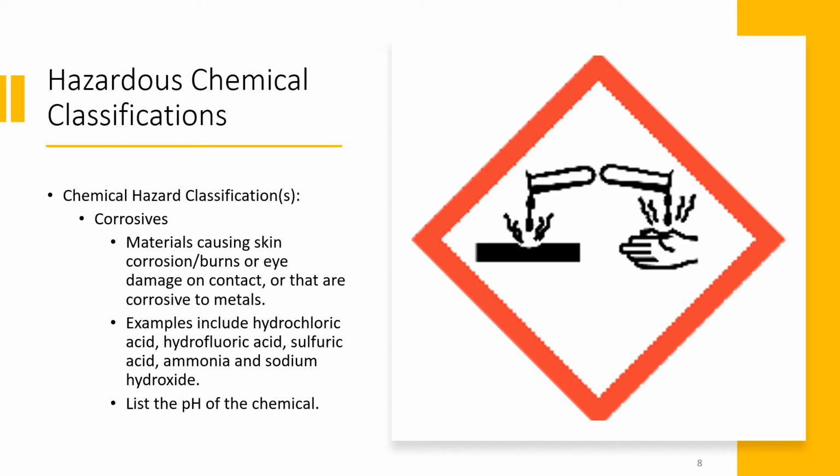Let's look at a couple of examples: hydrochloric acid, hydrofluoric acid, sulfuric acid, ammonia, sodium hydroxide. This one is going to be based on the pH of the chemical, so you would have to look on the SDS to really know exactly what that pH is.